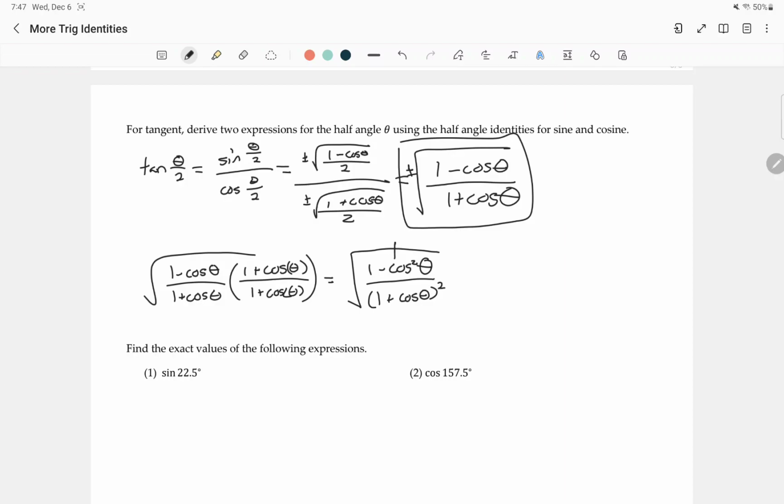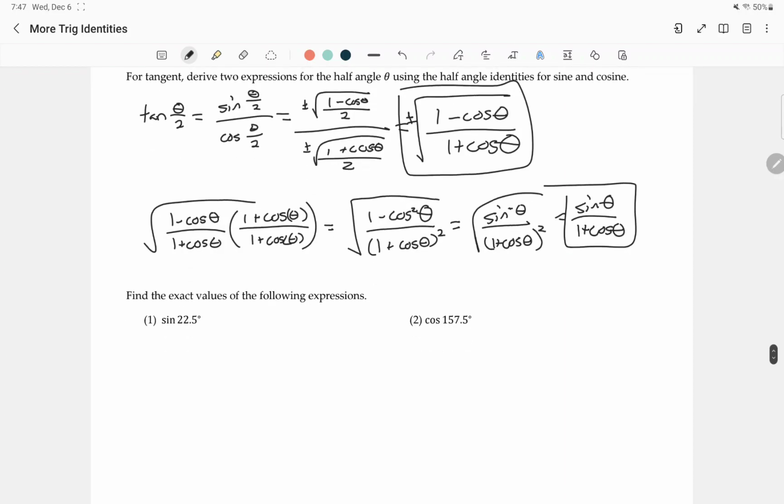And if you remember from our Pythagorean identities, the top is equal to sine squared theta. So if we have sine squared theta over 1 plus cosine theta squared, the whole square root cancels out, and we get sine theta over 1 plus cosine theta. So this is the other one you need to remember.